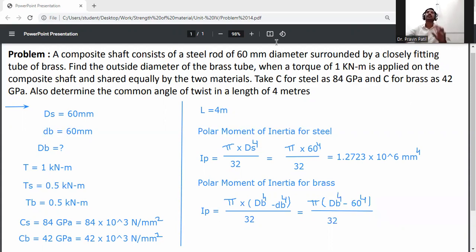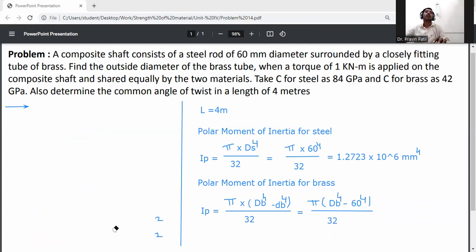So now next, the angle of twist, torsion equation in terms of angle of twist, in bracket we can say it will be theta, denoted by theta.